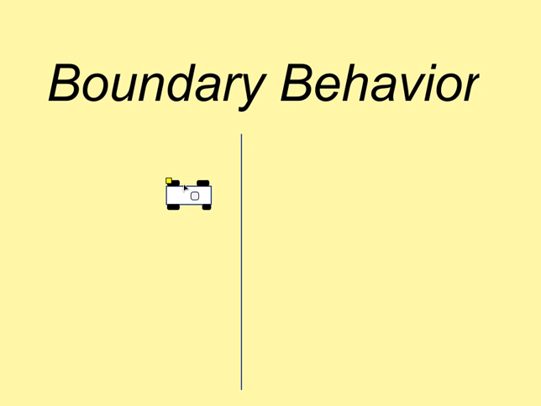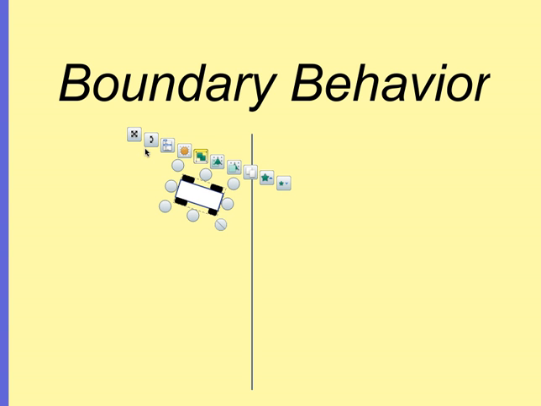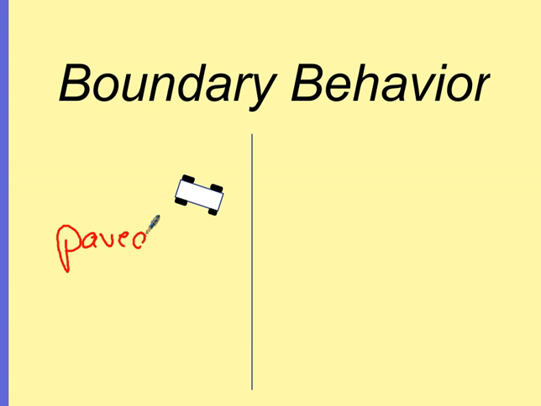I'll lock all these things together so I can play with it and turn it. And let's say that we're driving around out here, and maybe over here we're on a parking lot or something that's paved. And then across this boundary, maybe there's sand over here.